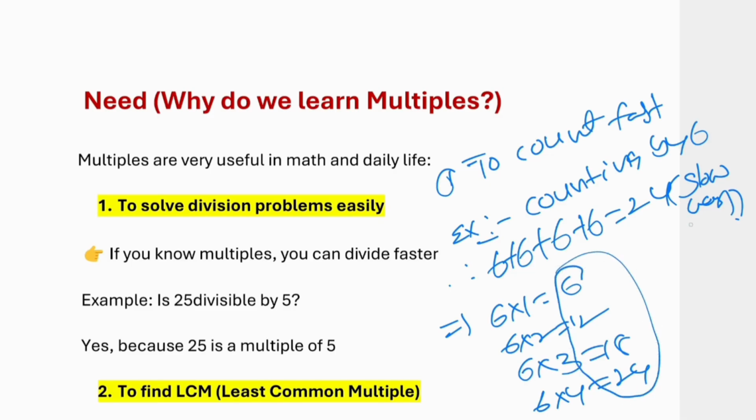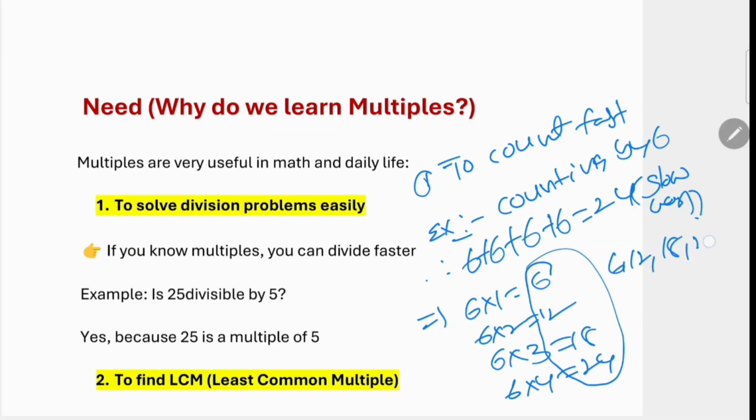These are called multiples of 6: 6, 12, 18, 24 and so on. In those two processes, the multiples form is the fastest method. So if you want to count numbers fast, we have to use multiples instead of repeated addition.